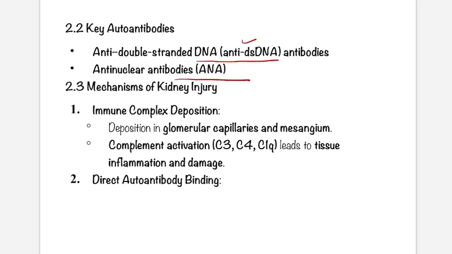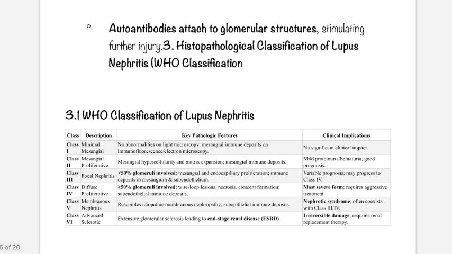These two antibodies are the culprits. Immune complex deposition in glomerular capillaries and mesangium, and complement activation of C3, C4, C1q lead to tissue inflammation and damage. Autoantibodies attach to glomerular structures and cause injury.